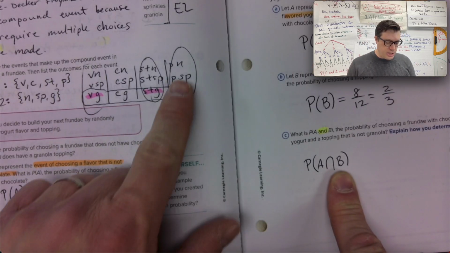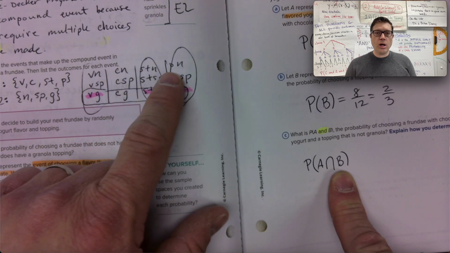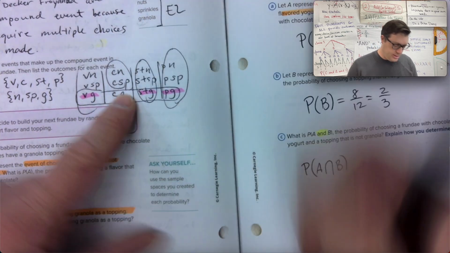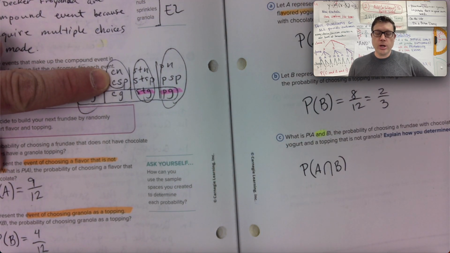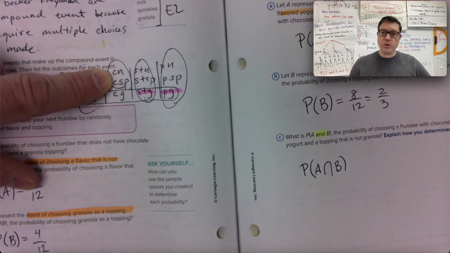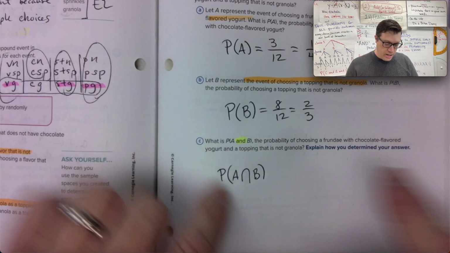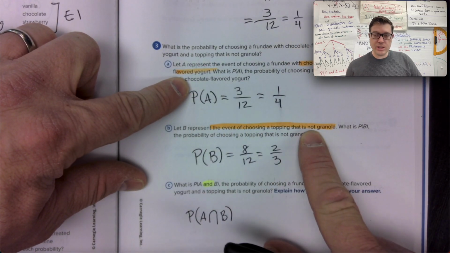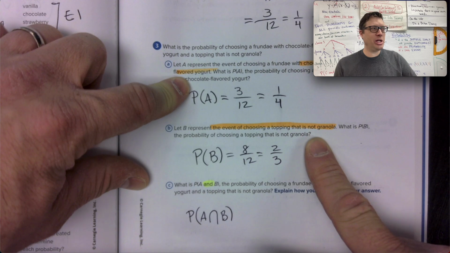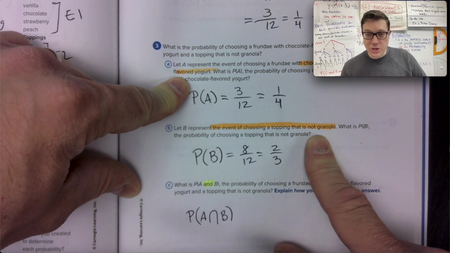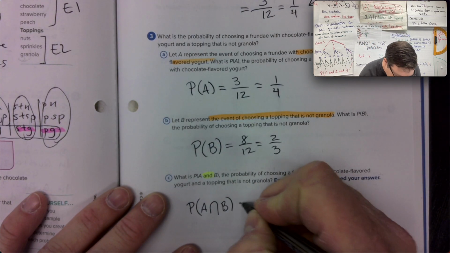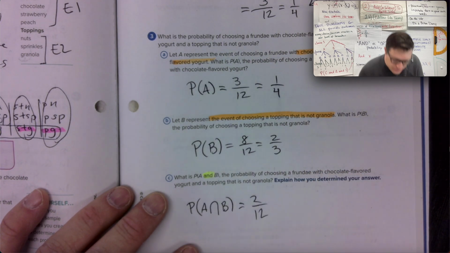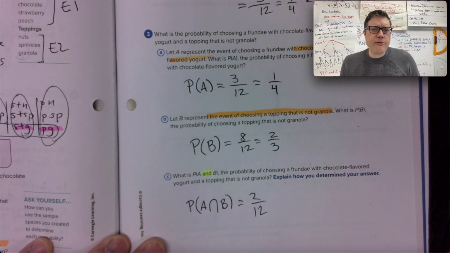And in the intersection visible here, it's all of this. There are those 2, chocolate with nuts, chocolate with sprinkles, that fit the criteria of and. Chocolate flavored, or sorry, let's try that again. Chocolate flavored frozen yogurt and not granola. 2 out of 12, which actually we can get from multiplying, right?